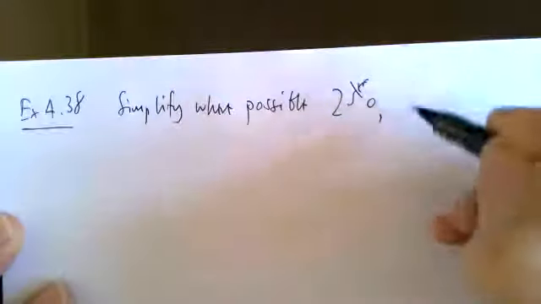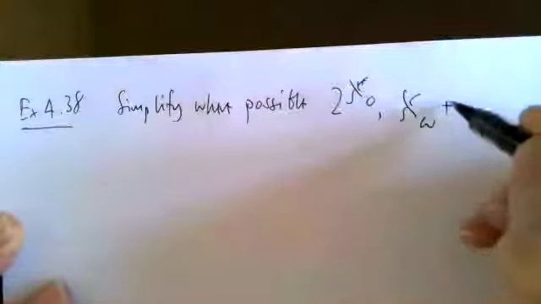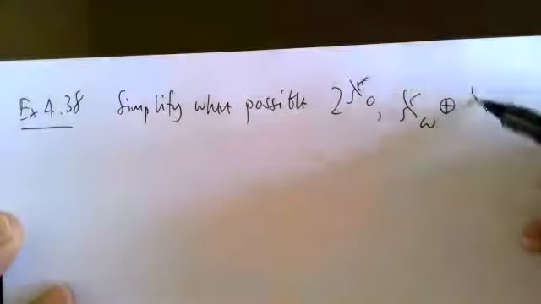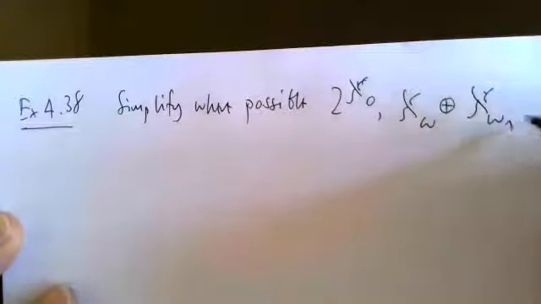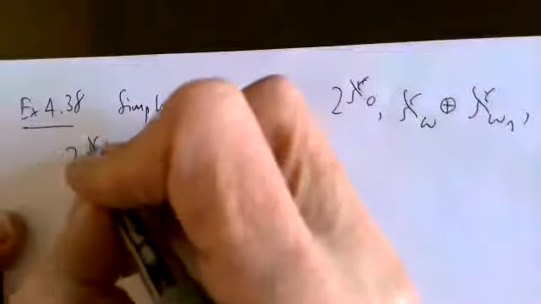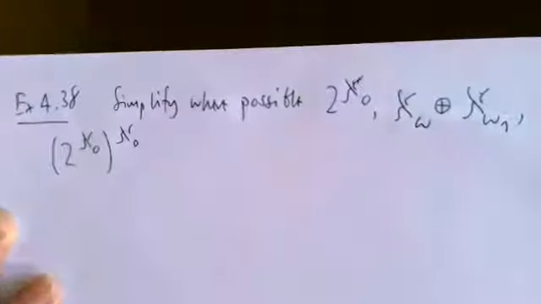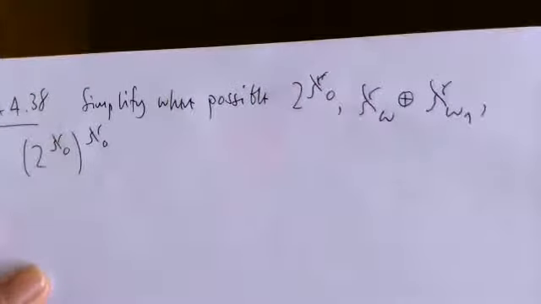Two to the Aleph 0. Aleph omega plus Aleph omega 1. That's looking a bit similar to the previous exercise. 2 to the Aleph omega to the Aleph omega, sorry, to the omega 1, it says.